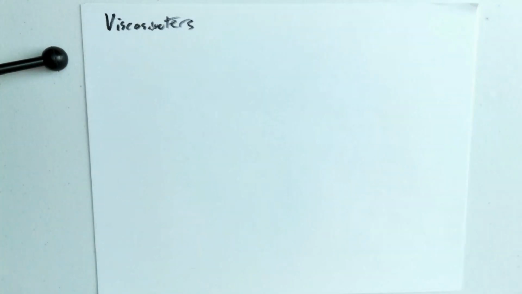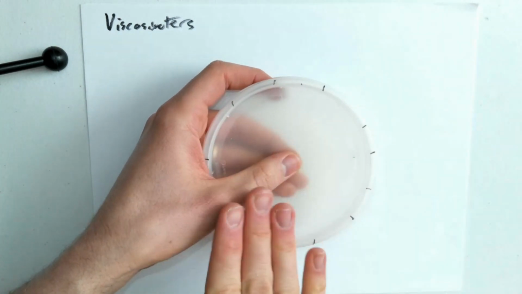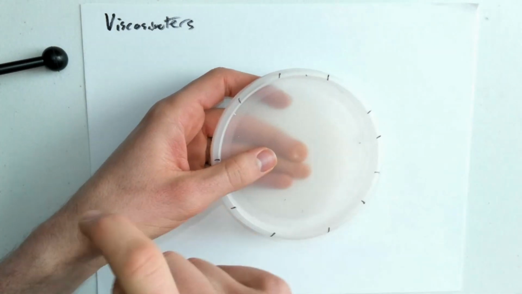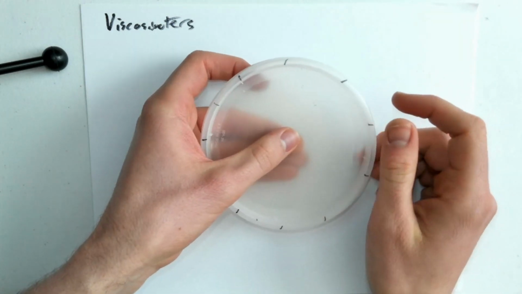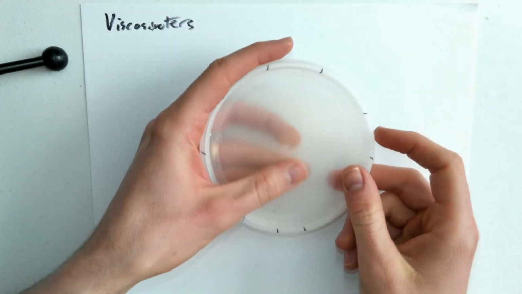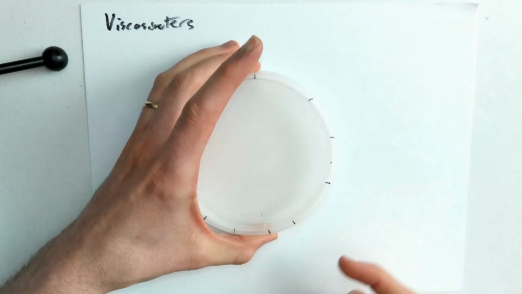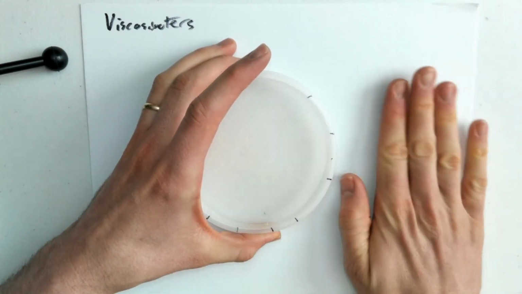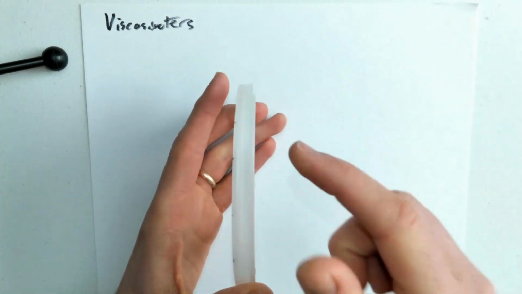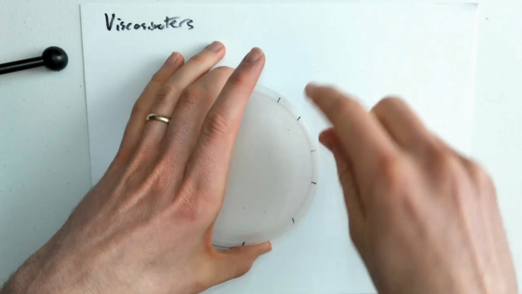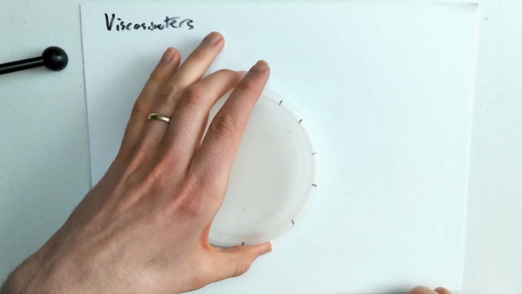And oftentimes it's a lot easier to measure moments and rotation rates than it is to measure forces and linear velocities. So we use these plate-based viscometers to measure the viscosity of fluids. If I squirted some fluid in between this plate and the ground underneath, as this plate rotates, there's going to be a velocity gradient between the moving part of the plate and the stationary part of the ground underneath it.